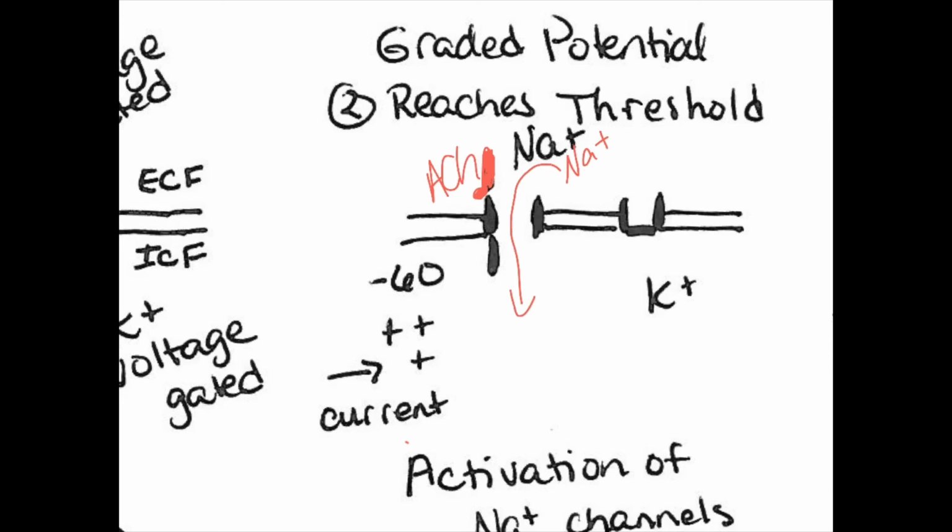Sodium can now come in, and we depolarize because positive charges are coming in. So that's what happens in the graded potential with depolarization, right? At repolarization, that activation channel will close, the potassium channels will open, all right?